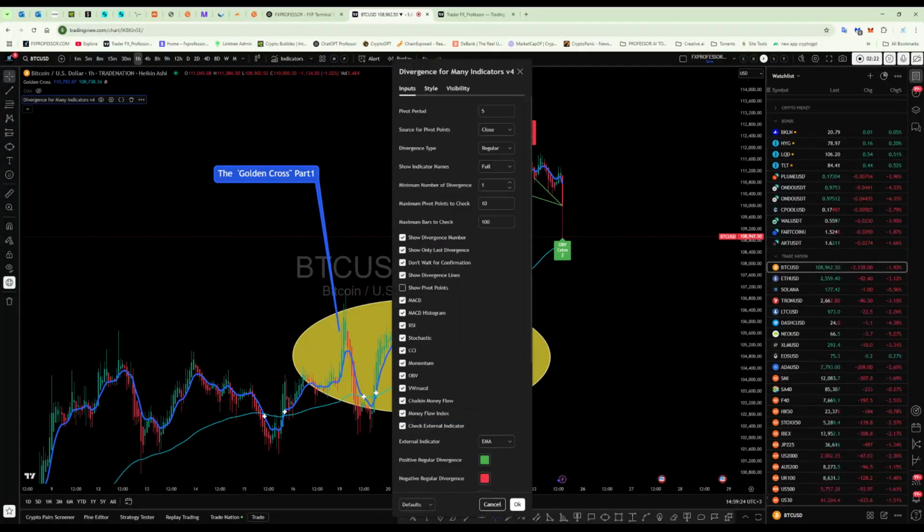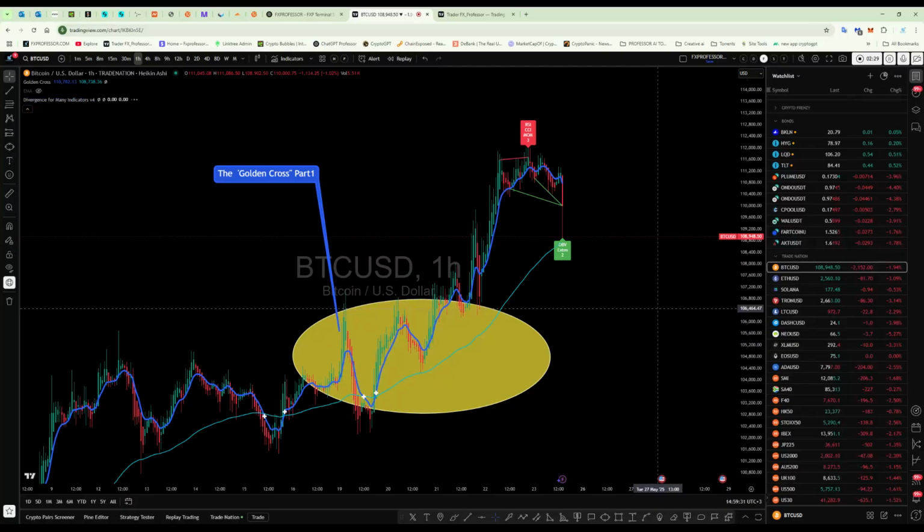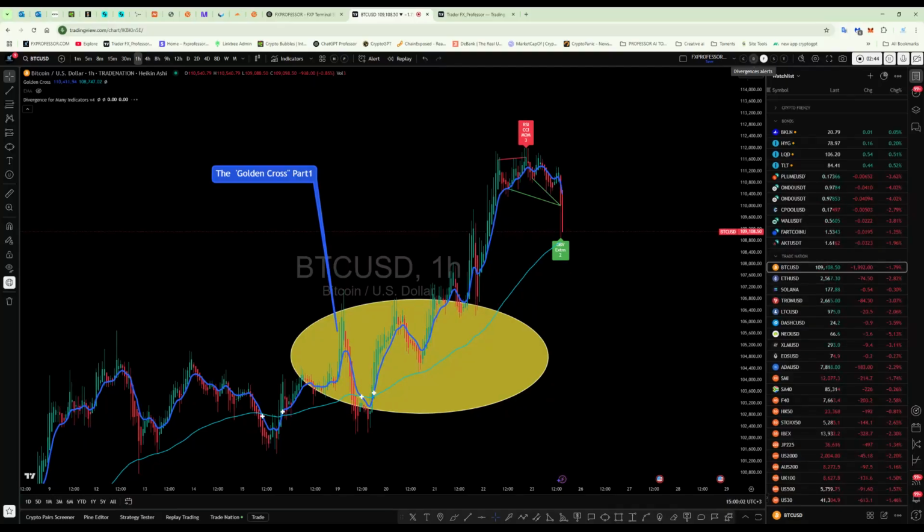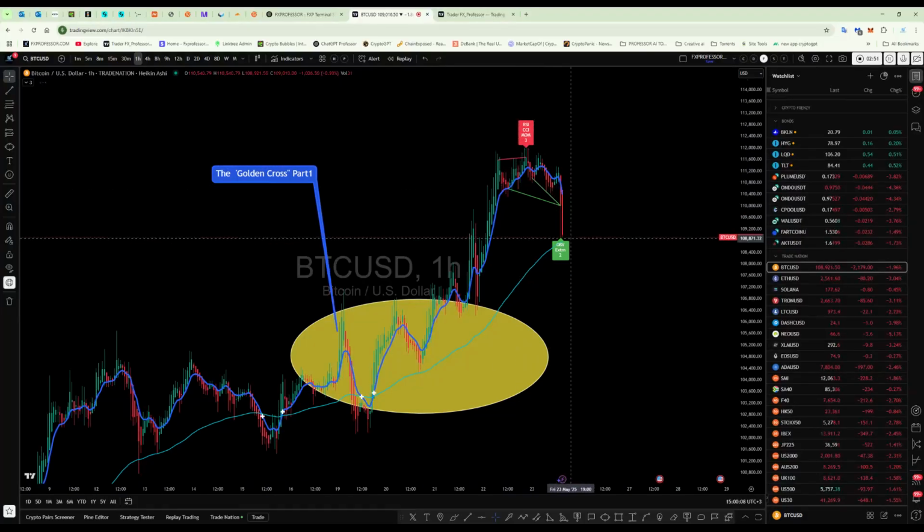If you ask me how I have it set up, I have it at minimum divergences 3. So 3 divergences over there telling us to be careful. I'm going to share a little secret with you. I do have a layout called divergences, and there I have a far more sophisticated way to analyze divergences, but this is good enough because you can see 3 divergences here and 2 positive divergences down here.